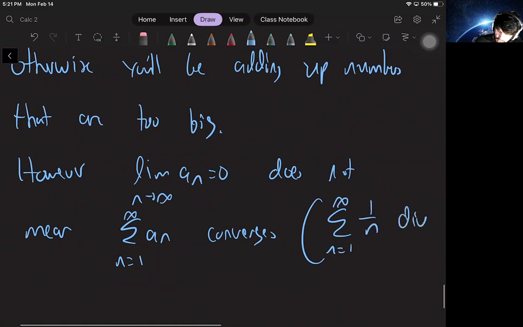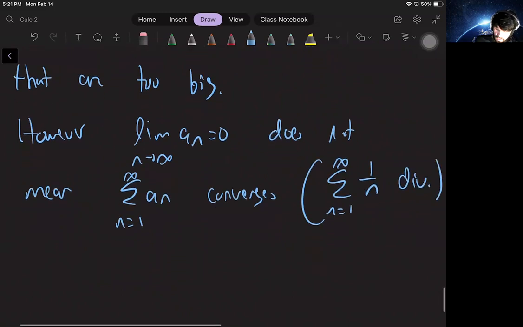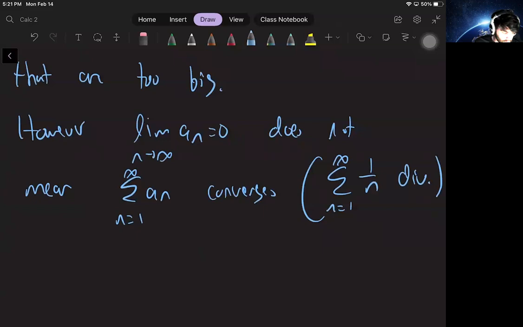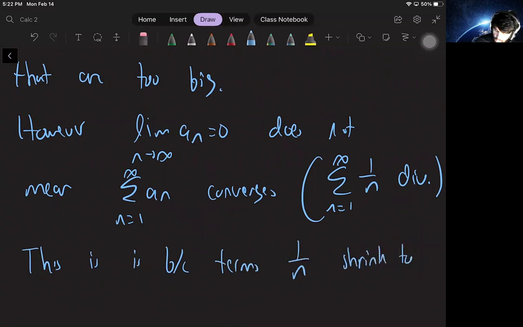This thing actually diverges, even though the limit of the sequence is 0. Okay, so why does that happen? This is because the terms, you could think about like 1 over n, they shrink too slowly. They don't shrink fast enough.